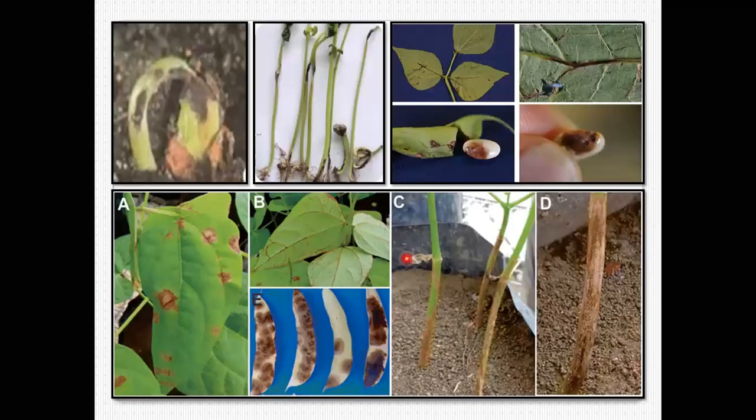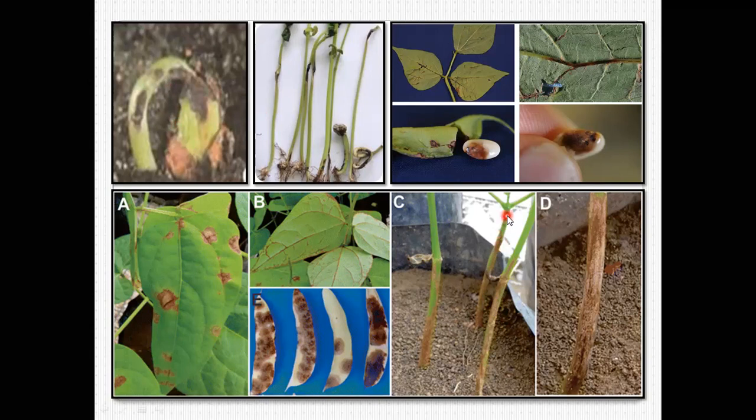Then we discuss the symptoms. These pathogens affect all the stages of the bean crop. Infection is seen in the early growth stage as well as in mature plants.